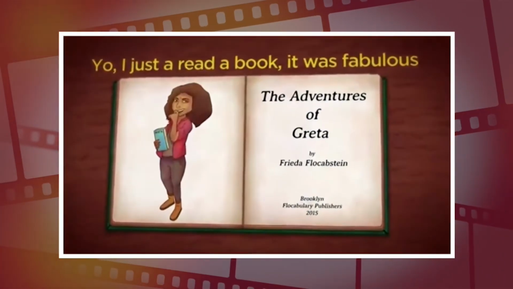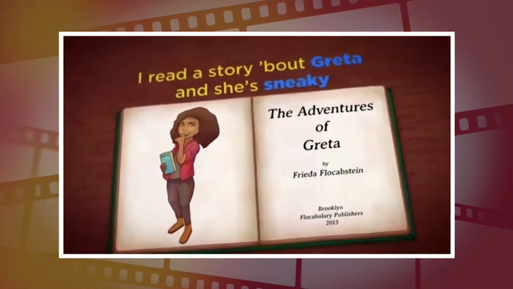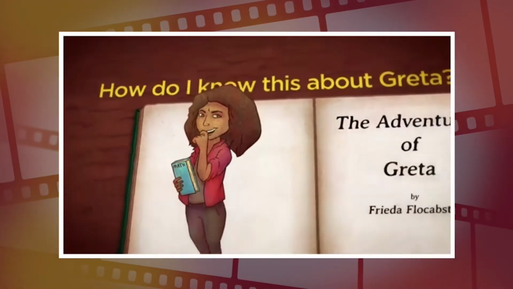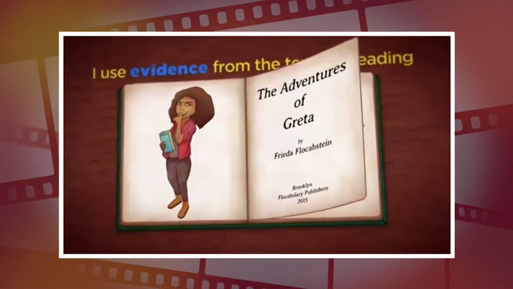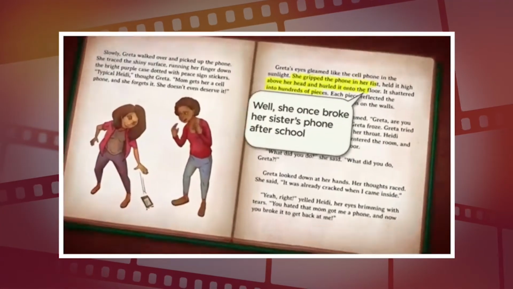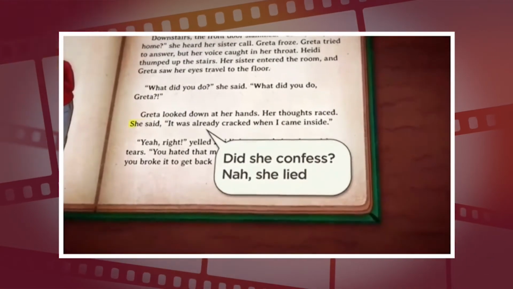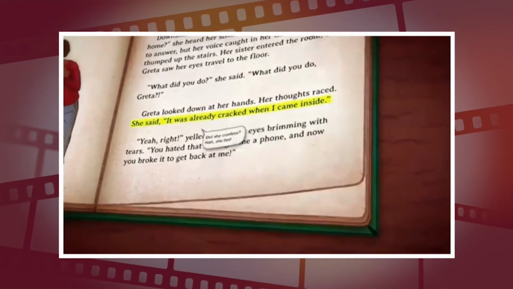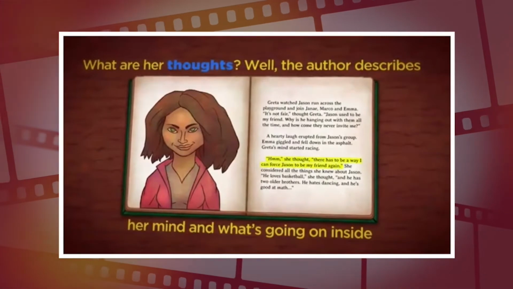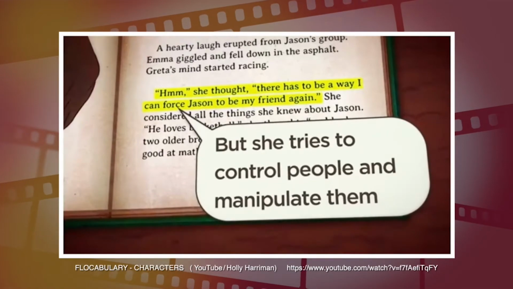I just read a book, it was fabulous. Here's how I do character analysis. I read a story about Greta, and she's sneaky, untrustworthy, dishonest. Believe me, how do I know this about Greta? It's easy. I use evidence from the text I'm reading. So I analyze, what does she do? Well, she once broke her sister's phone after school. Did she confess? Nah, she lied. She said it was already cracked when I came inside. What are her thoughts? Well, the author describes her mind and what's going on inside. It's not that she's full of hate, but she tries to control people and manipulate them.